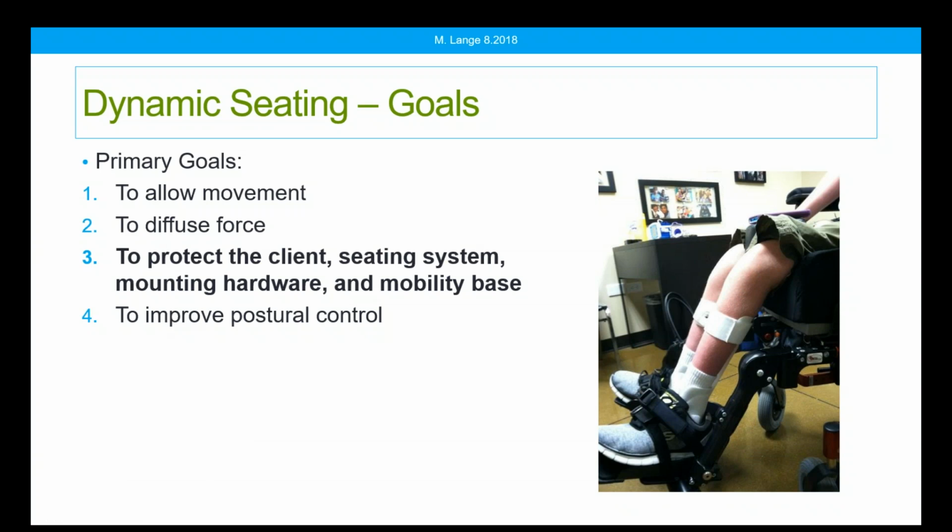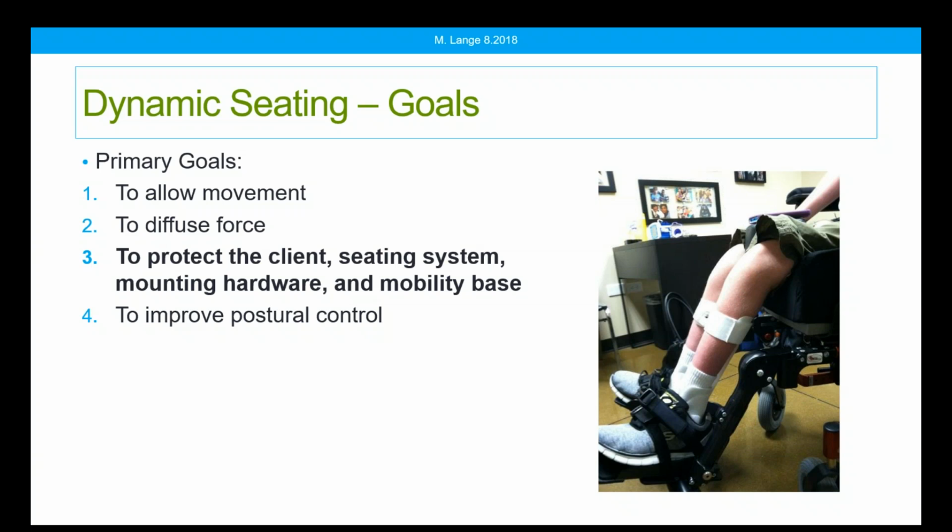A 4th goal that we're not discussing today and that we do not have as much evidence for is to improve postural control. This is something that I'm really excited to see if we can develop more evidence for in the future. We know from other therapeutic applications that if we allow someone to move within a limited range, we often can see an improvement in muscle strength.